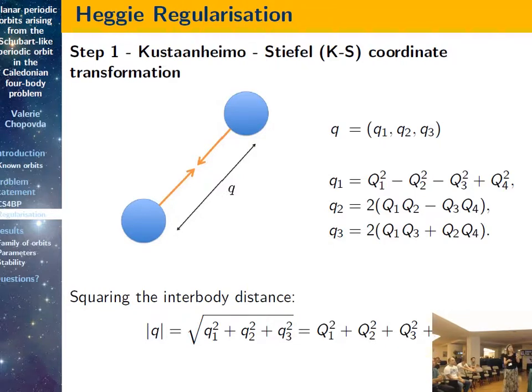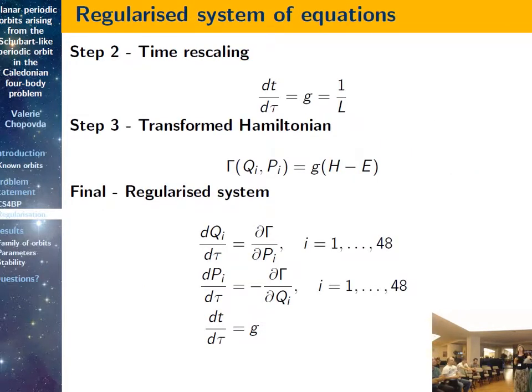For this project, we use a Heggie-type regularization of all the interbody coordinates of all 4 bodies. This transforms every interbody distance using the KS coordinate transformation, and after that, we rescale time for the system and introduce a transformed Hamiltonian and regularized system of equations.